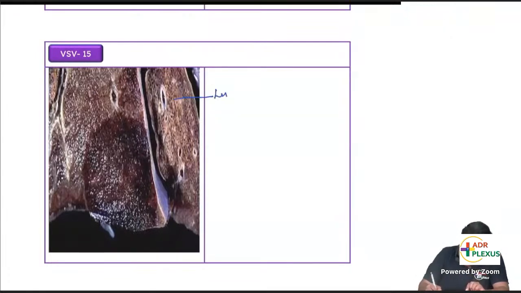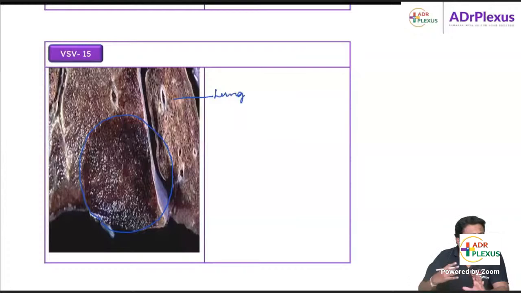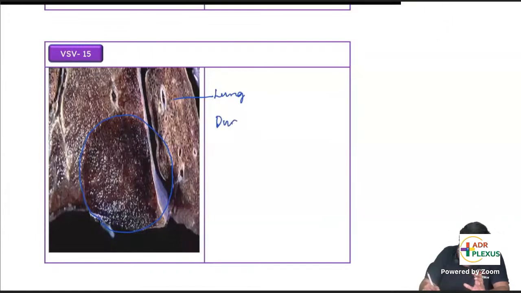So in the lung, you can see these dark areas. What are these dark areas? Dark, appearing very much hemorrhagic. What are these dark hemorrhagic areas?